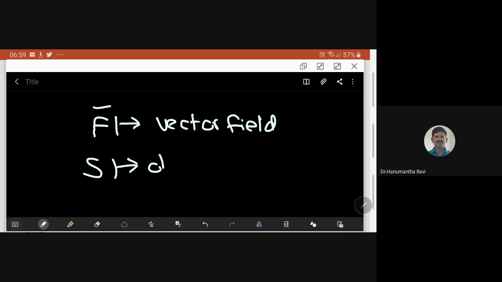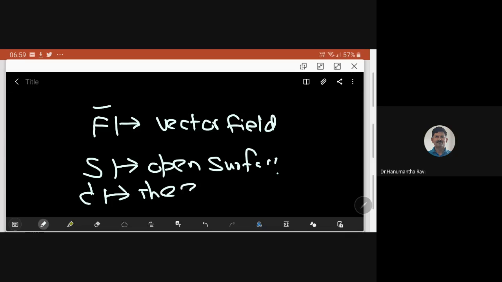When you are dealing with Stokes theorem, you have a vector field, and the integrand is expressed in terms of f bar. So you require a level surface. It is an open surface, please remember. Then that surface has an enclosing curve, the boundary.